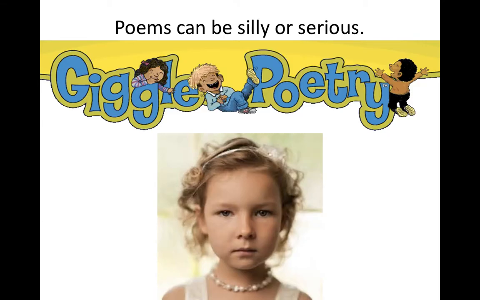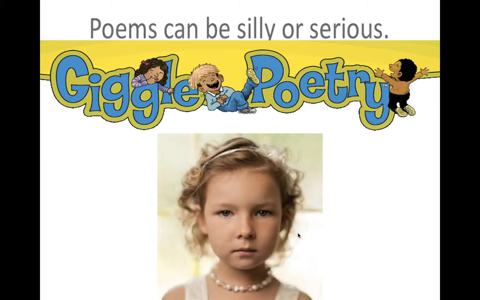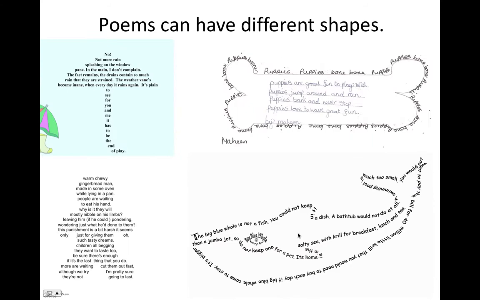Okay. Poems can be silly, like you see everybody giggling up here, or serious, like this girl. Poems can have different shapes. So these are shape poems, like the tree poem that I was showing you. This one looks like it's about a rainy day, and it has the shape of an umbrella.